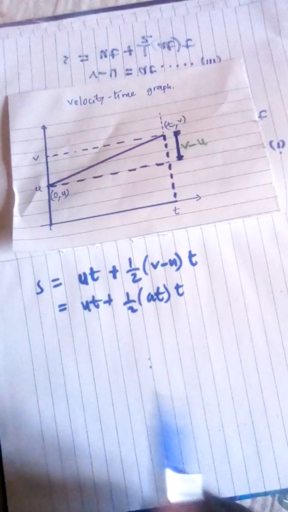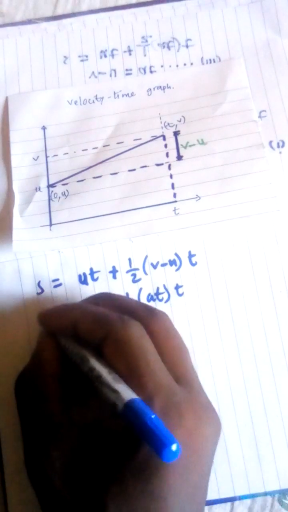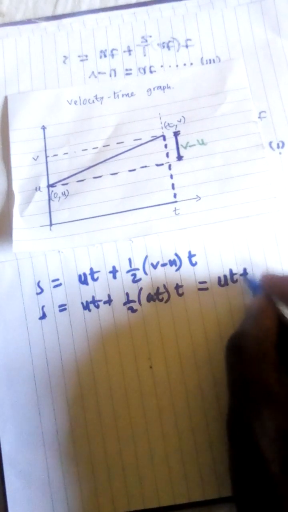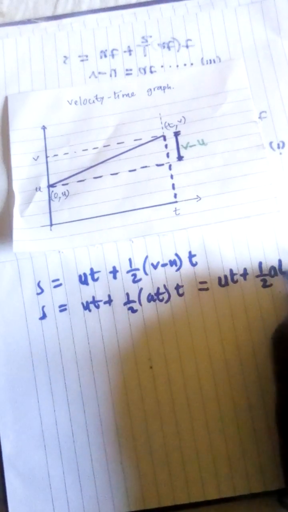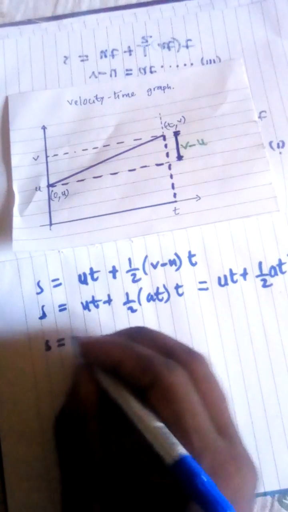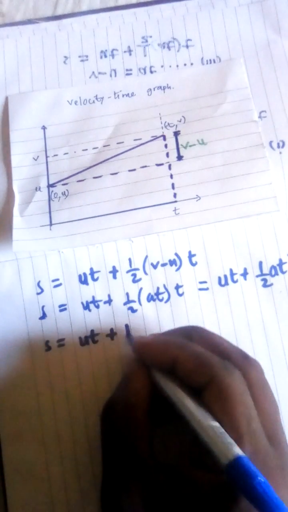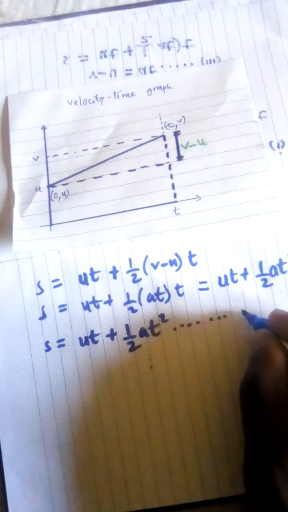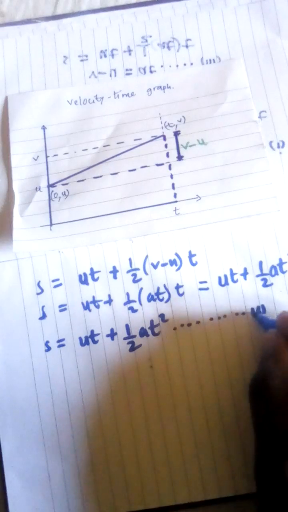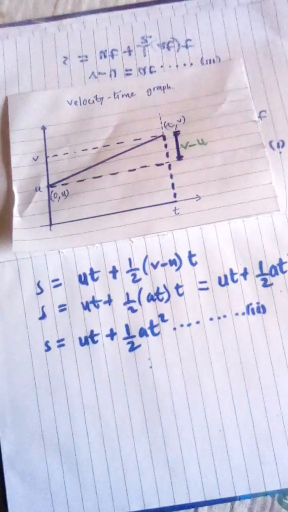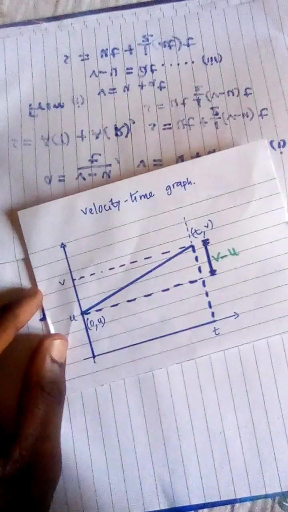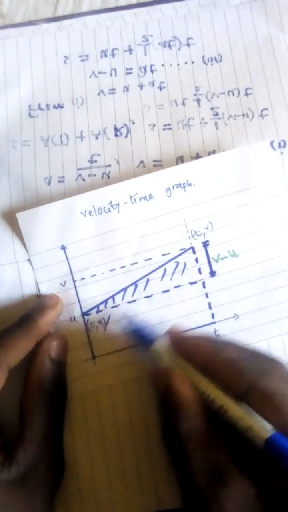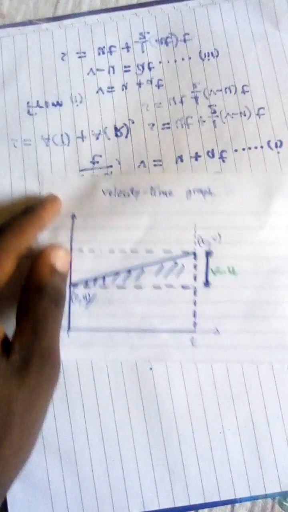So we can put this t inside, and we end up with ut plus half at squared. So s is equal to ut plus half at squared. This is the second equation that we had on the first page, and that's how it is derived. So basically, finding the area of the rectangle and the area of the triangle, you finish all the stuff that you need.